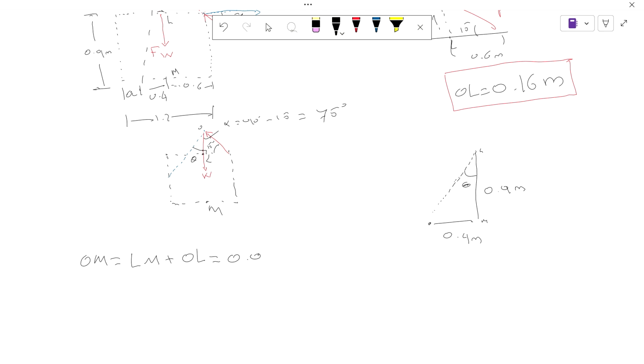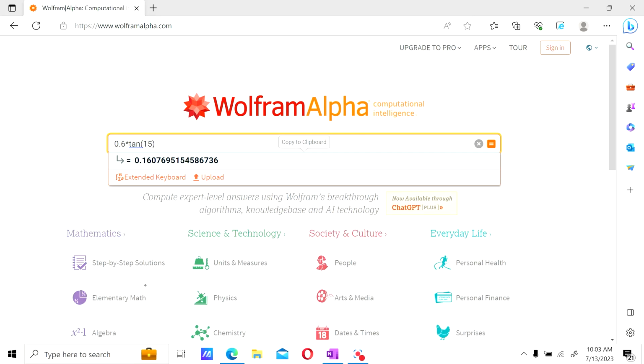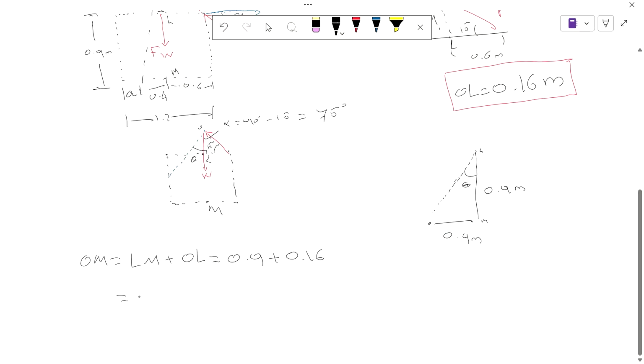So 0.9 plus 0.16 is 1.06 meters. All right, so we have the distance OM. Great, that's the distance between that external point and the point M.